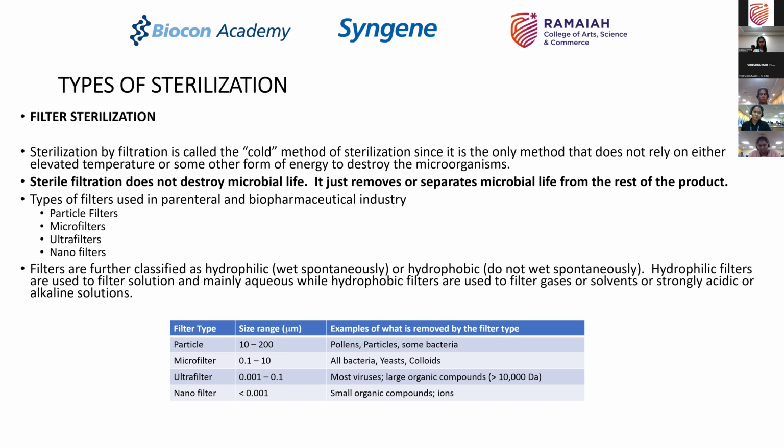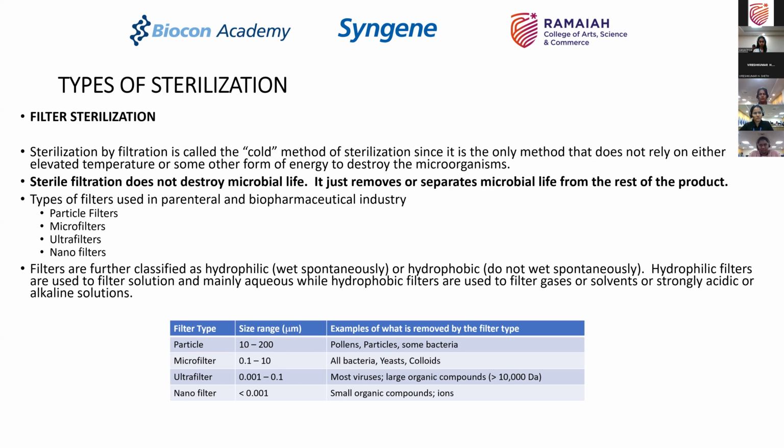Now depending on what material has to be sterilized and what conditions it is in, you have to make a decision saying what is the best method of sterilization for me. And second session today, we are going to spend about 45 minutes discussing that decision making process.